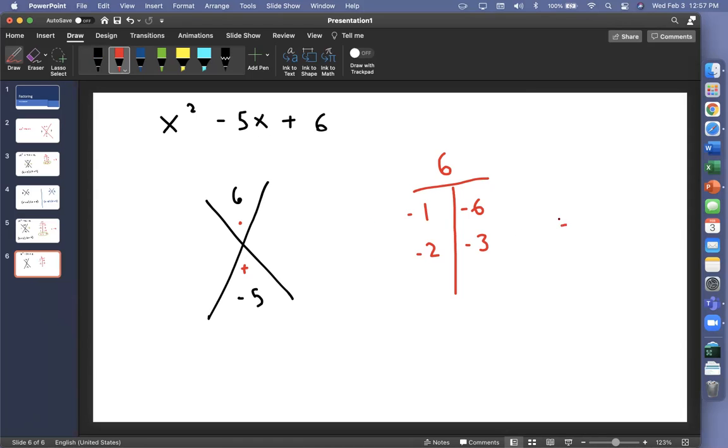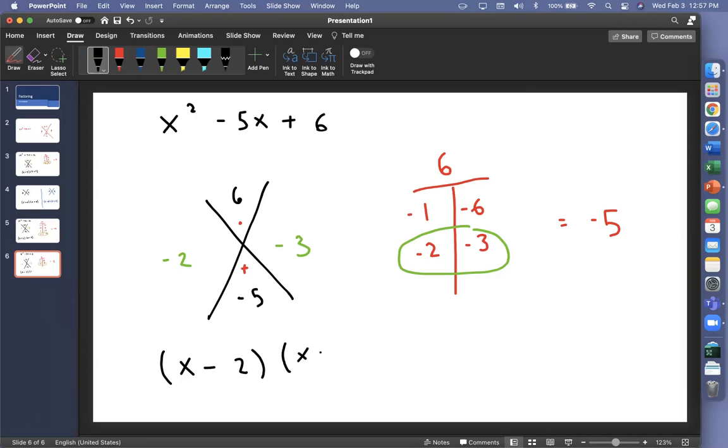We're going to see which one of these gives me a negative 5. Our answer is going to be negative 2 plus a negative 3. And then our factor is x minus 2, and then x minus 3.